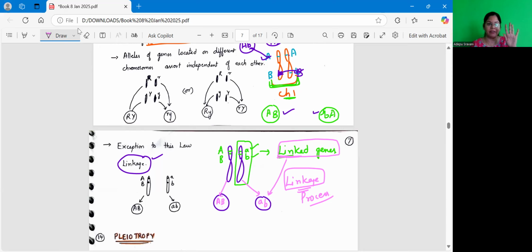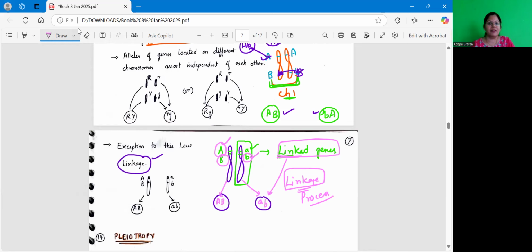Now, again, coming to independent assortment. What was independent assortment? In independent assortment, this capital A can go with this, or this capital A can go with this small b. But when the genes are linked, that means when they are tightly packed to each other, can capital A go with this small b?